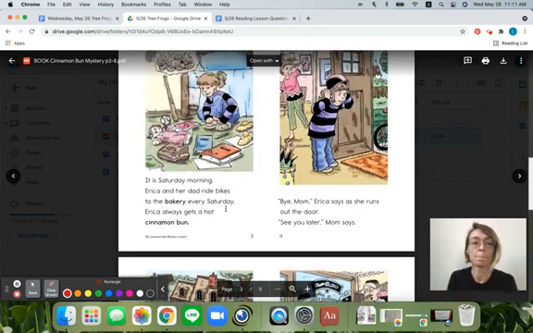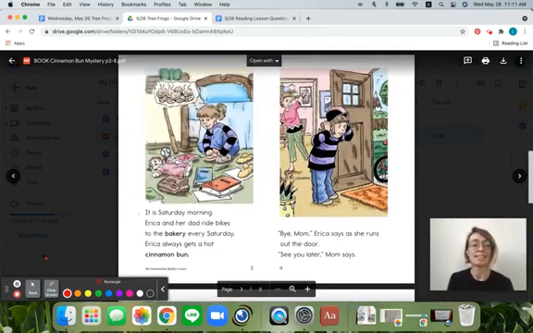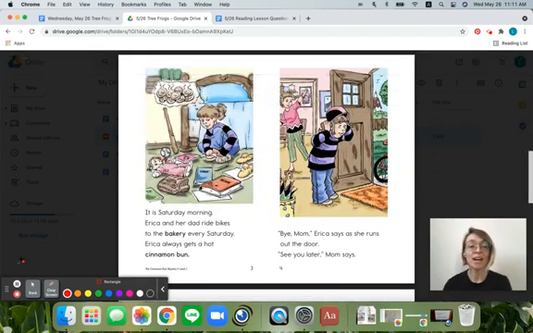Page 3. It is Saturday morning, and Erica and her dad ride bikes to the bakery every Saturday. Erica always gets a hot cinnamon bun. "Bye, Mom," Erica says as she runs out the door. "See you later," Mom says.